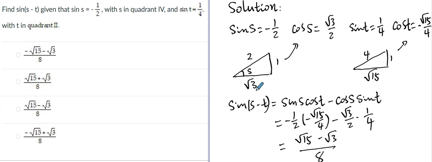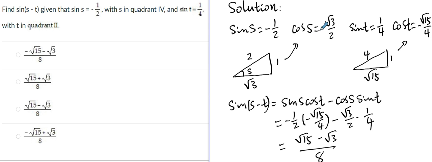Then we shall have adjacent is radical 3, because radical 3 squared is 3, plus 1 squared, which is 1. 1 plus 3 is 4, which is 2 squared. So cosine s is actually radical 3 over 2.